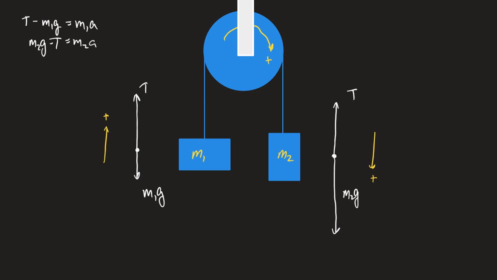But if you've been consistent, you should have one with positive tension, one with negative tension. Add them up, and you'll get M2G minus M1G, no tension. And that has to equal M1 plus M2 times A. You should get the sum of all the masses as part of what happens in the course of your problem.